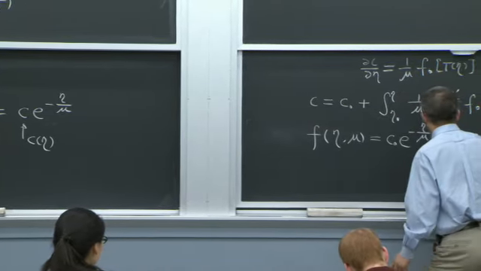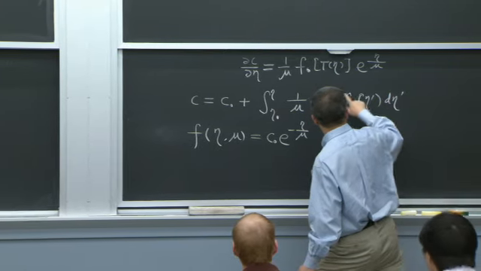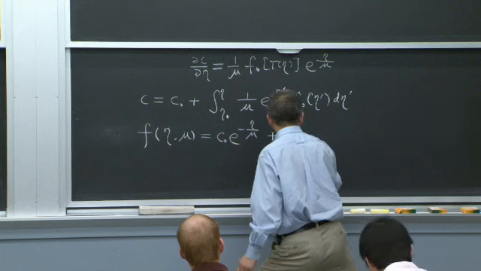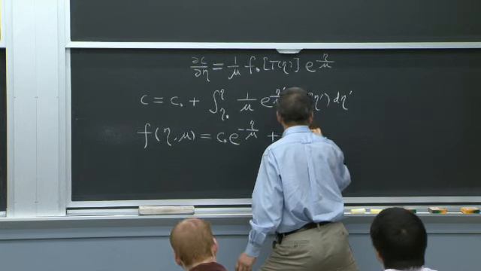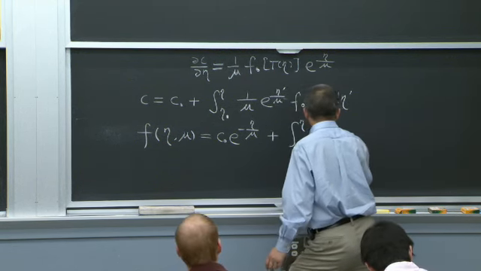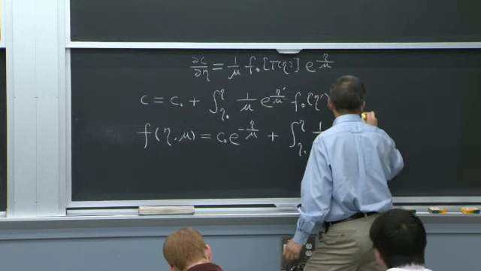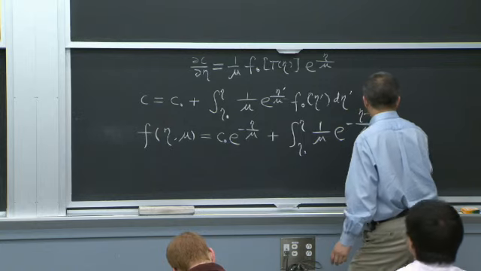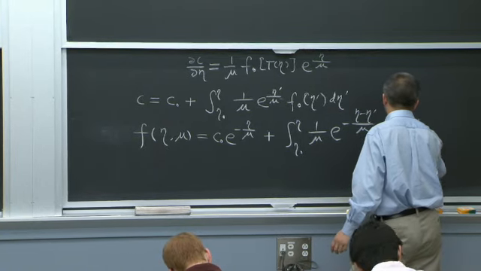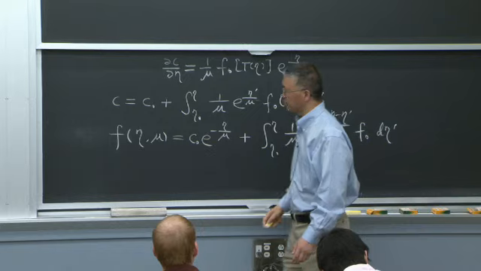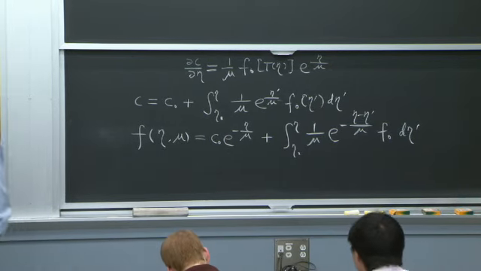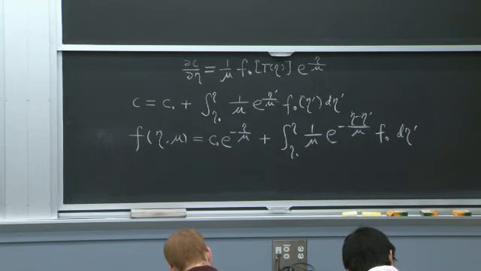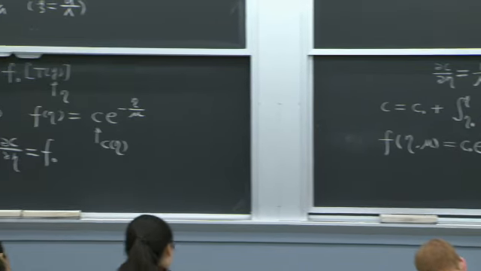So what I have, because this one is integrating over eta prime, I can put that in. So what I have is eta 0 to eta, 1 over mu exponential minus eta prime over mu, f0 d eta prime. Okay, so that's my general solution for this original differential equation.